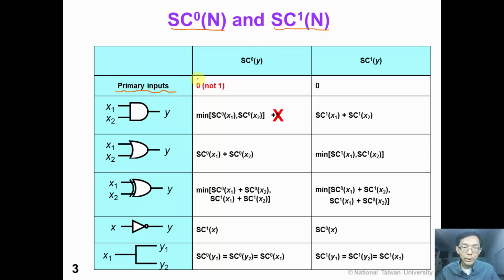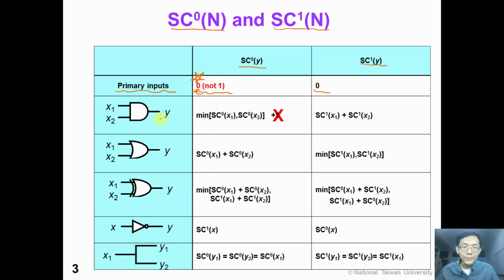For primary inputs, their sequential controllability values are initially 0. This is different from the previous combinational controllability table. This is because we do not need to pause any clock to assign primary inputs, so their initial values are all zeros.